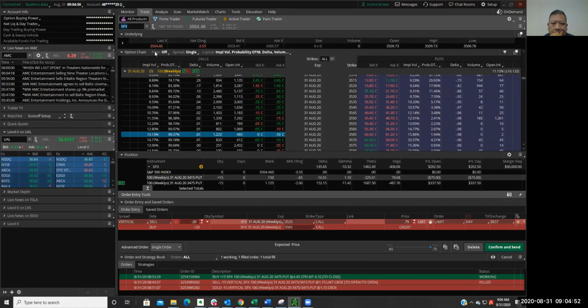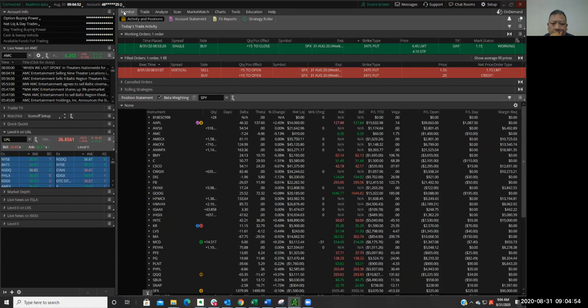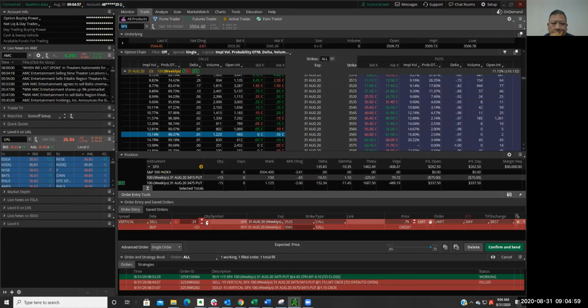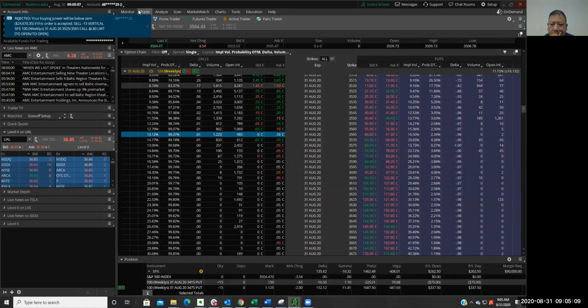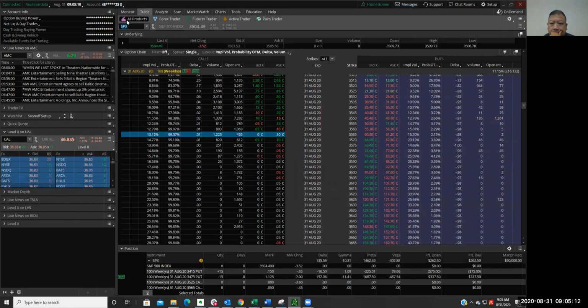And let's see how many I traded there. I believe it was 15. So I'll bump that down to 15. Looks like it's already, I'll put that at 80 cents here. I don't know why it rejected it.